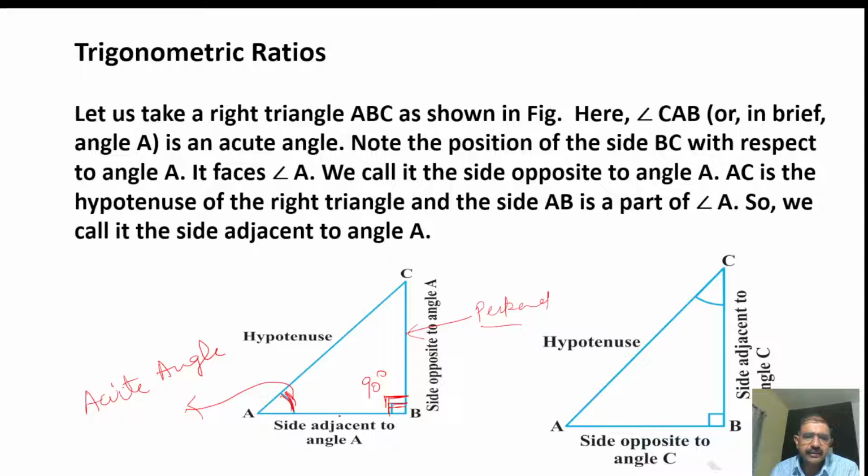The adjacent side is known as the base, and the side opposite to this 90 degree angle is known as the hypotenuse. So that we have to keep in mind.